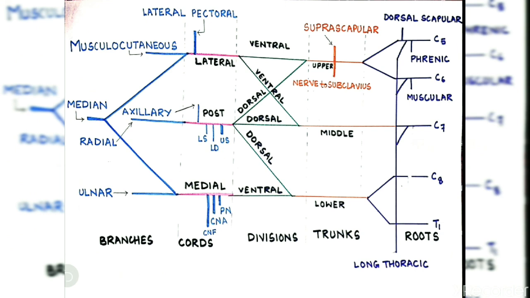Once again, if we revise it, one more thing: there are some nerves which directly arise from the roots, trunks or cords. They are the long thoracic nerve, whose nerve root is C5, C6 and C7.